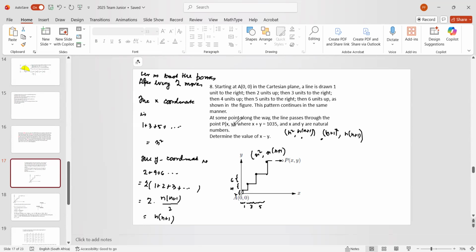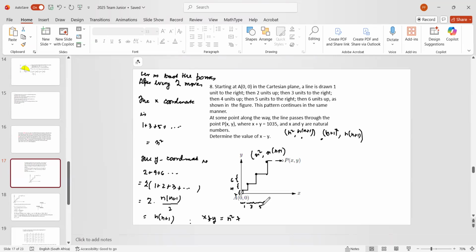So now we've reached the point where this line passes through the point (x, y), where x plus y is 1035. So you have that x plus y: the x-coordinate is n squared, and the y-coordinate is n into (n plus 1).